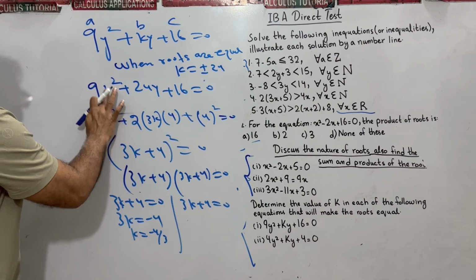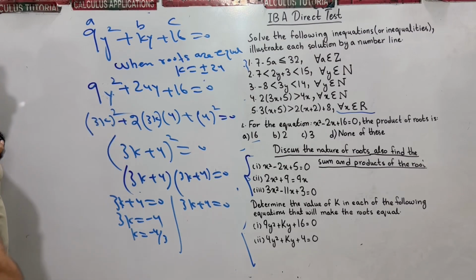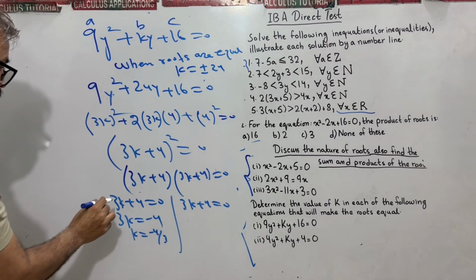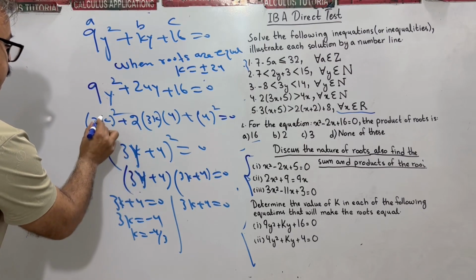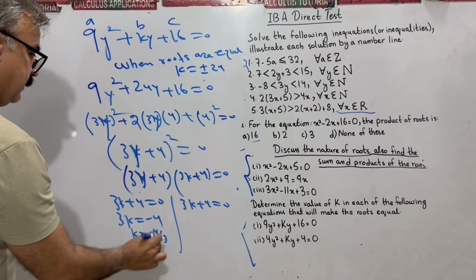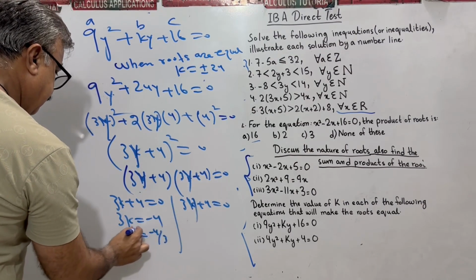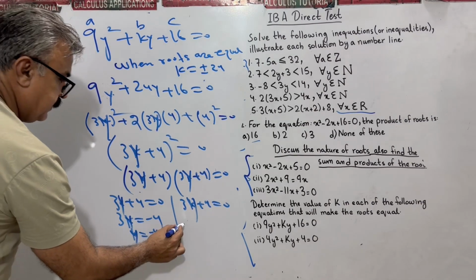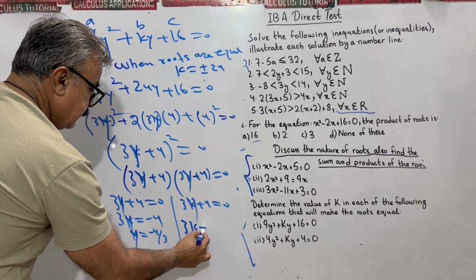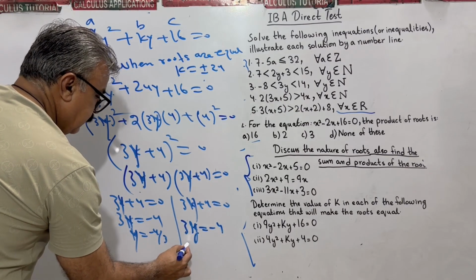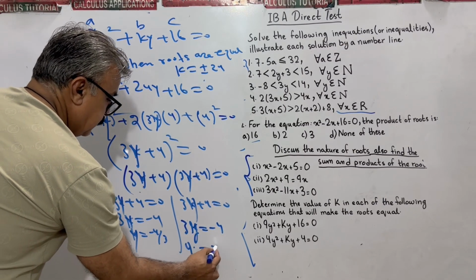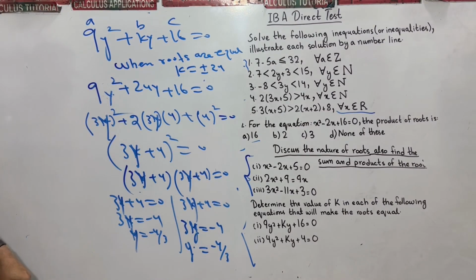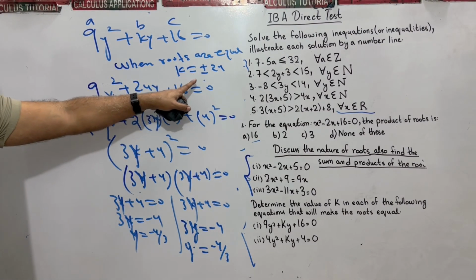Here it is y, I have written k, but there must be y overall. So y is equal to minus 4 upon 3. Both roots are equal. I have utilized the fact that k is equal to positive 24.